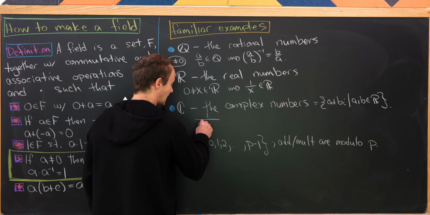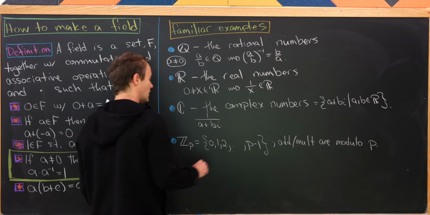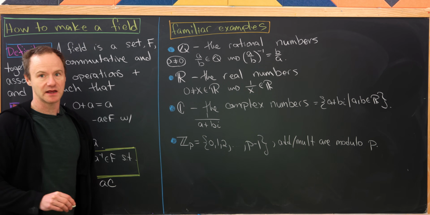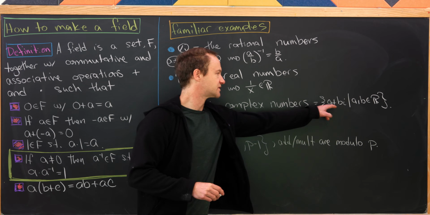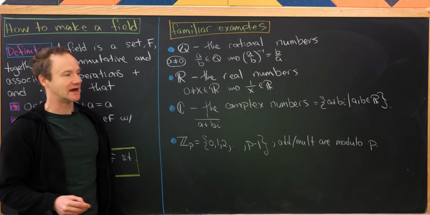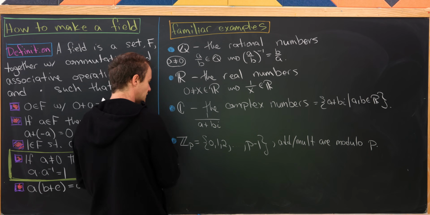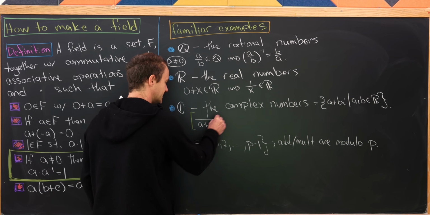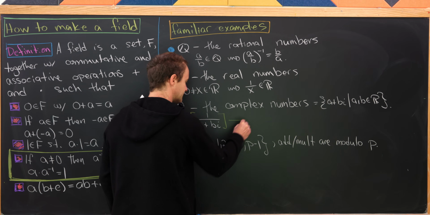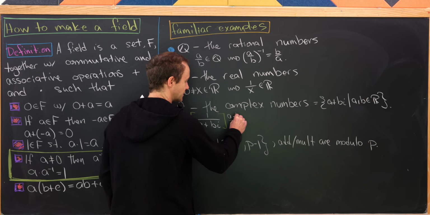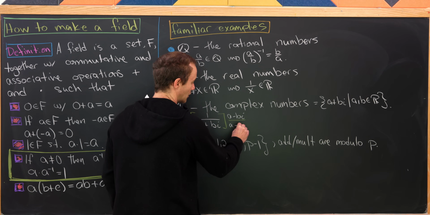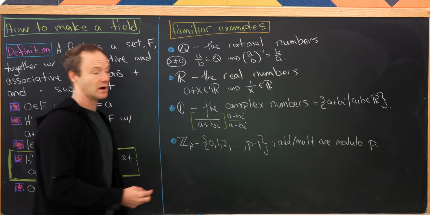We'll do that by taking the number 1 over a plus bi and transforming it into the correct form. So this form where there's no i in the denominator. So the strategy for doing that is to multiply the numerator as well as the denominator by the conjugate. So this will be a minus bi, so we're only multiplying by the number 1.